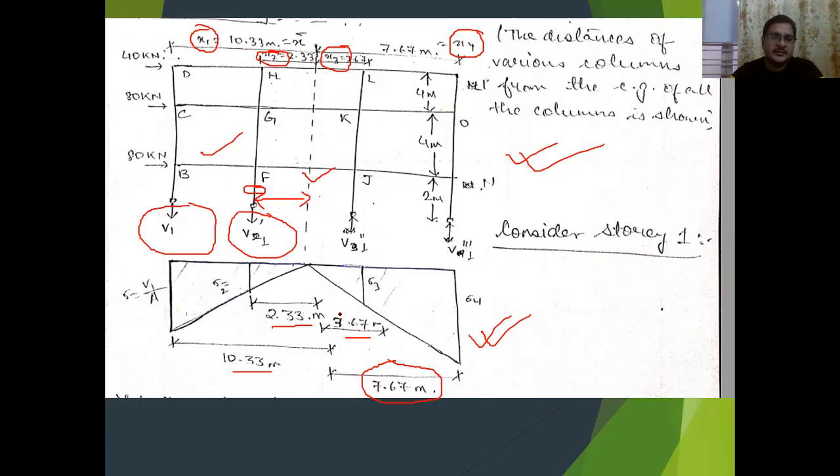Because axial stress is nothing but axial force divided by area. So axial forces acting on all the columns present to the left of the CG line, this dotted line, are tensile, and the axial forces acting on the columns to the right side of the CG will be compressive, that is upwards. So tensile will be downwards, left of CG, and compressive will be upwards, right of CG.